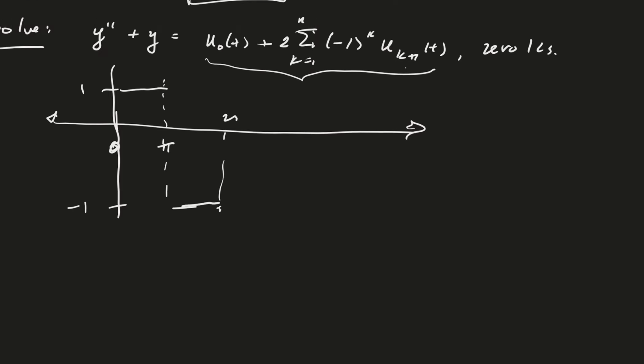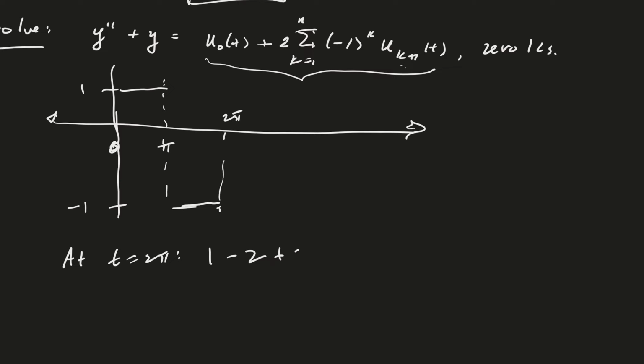That'll be 2 pi. At 2 pi, we could write it down. So at t equals 2 pi, what functions are on here? Well, we have our u sub 0, which is 1, minus 2, which came from our u sub pi, that's still on, right?